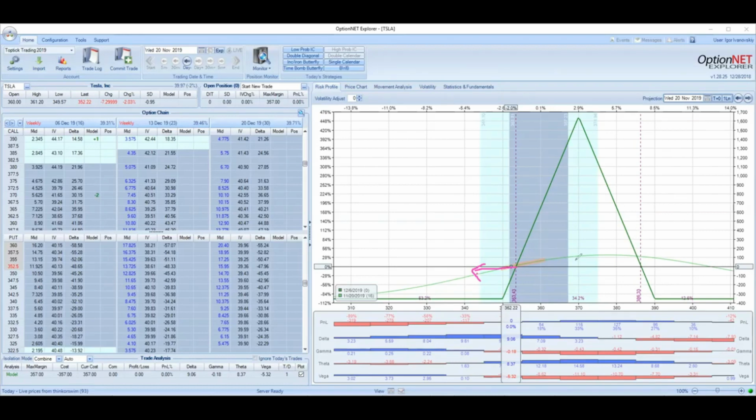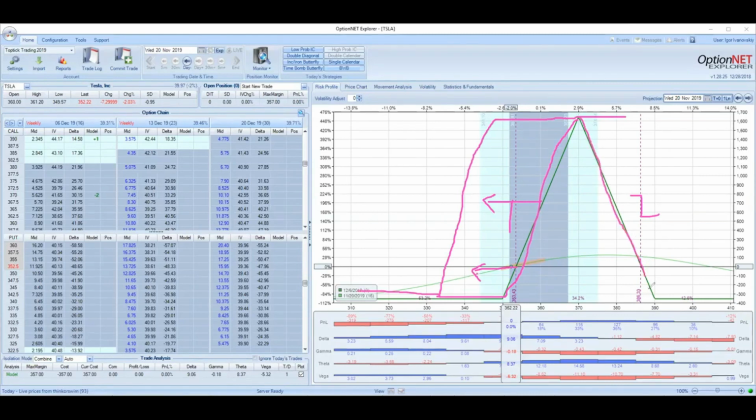So what that means is that if Tesla's moving against me, I have two spreads. I have spread number one, which is a debit spread, and spread number two, which is a credit spread. So if Tesla's moving against me and my debit spread is taking heat, I can take this debit spread off for a loss and move this debit spread lower, essentially converting this into a condor, right?